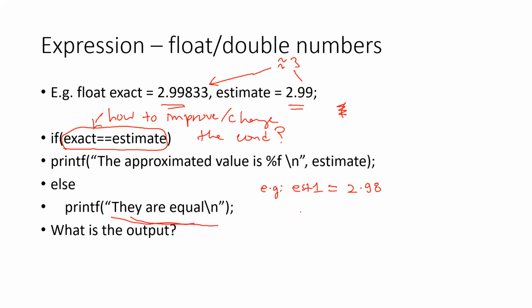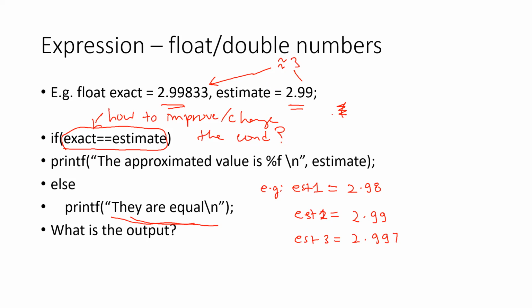Then my estimated number two, when you do another time, maybe this one is 2.99, and then estimated number three is 2.997, something like that. So it's getting close to the exact value.